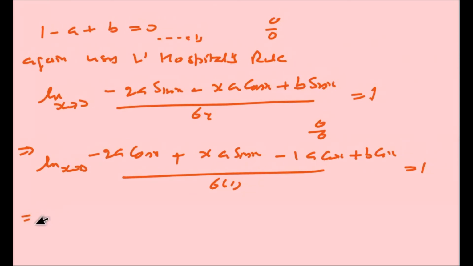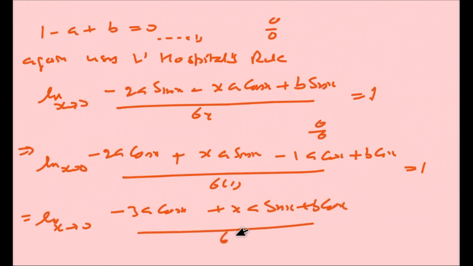Simplifying this, we get (minus 3a cos x plus x a sin x plus b cos x) upon 6 equal to 1.